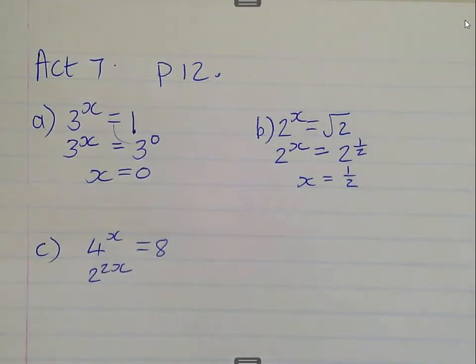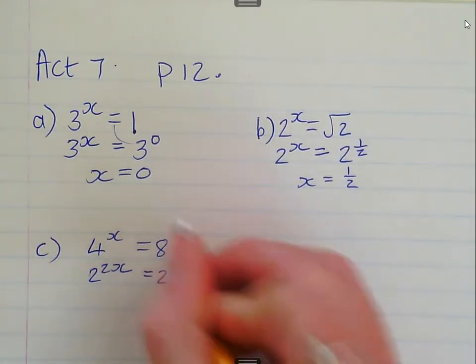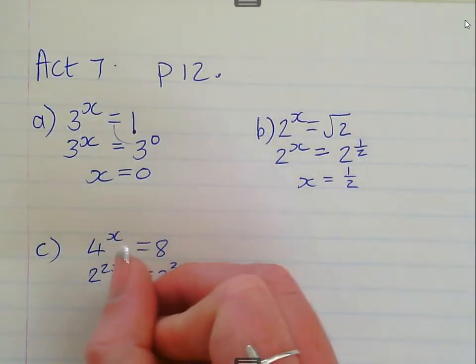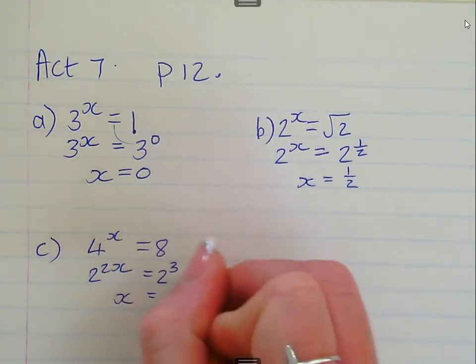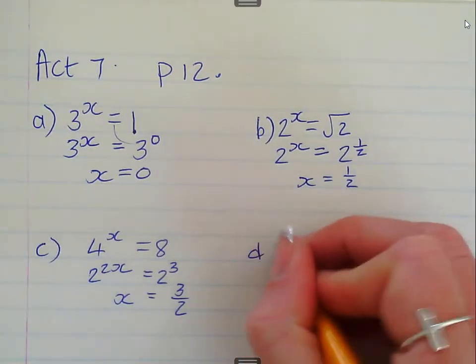And can I write 8 as 2 to the power of something as well? 2 to the power of 3. Then my bases are the same, I can throw them away. X is going to be equal to 3 over 2. Do you all understand? These were difficult sums in grade 10, eh? Do you remember? Now it's very easy.